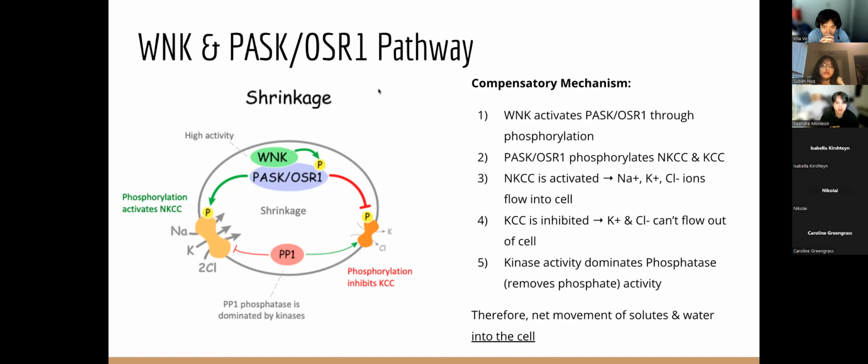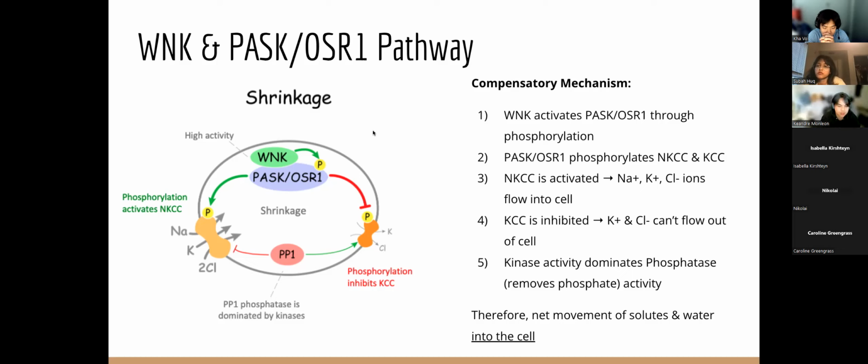So what would be the compensatory response to cell shrinkage? Well, you want the water and solutes to flow into the cell, right? So if solutes flow in, water will follow it and cause the cell to swell up back to its normal shape. So that's really the general basis of this mechanism, but I will go over a step-by-step of how it actually works.